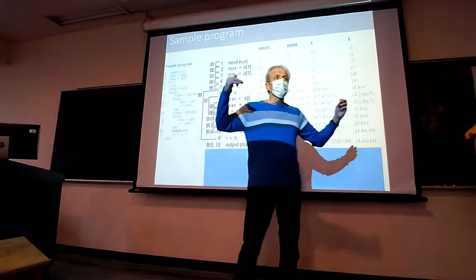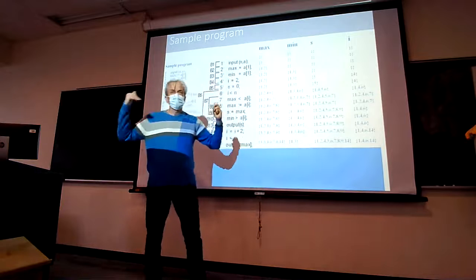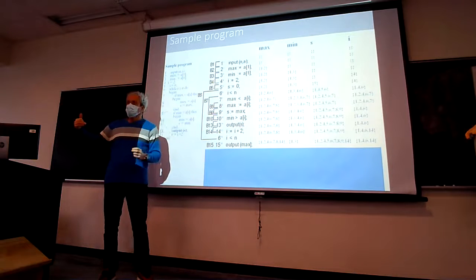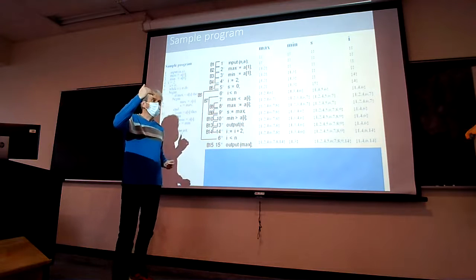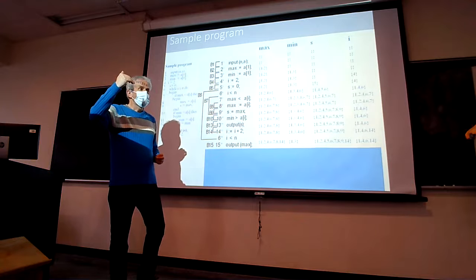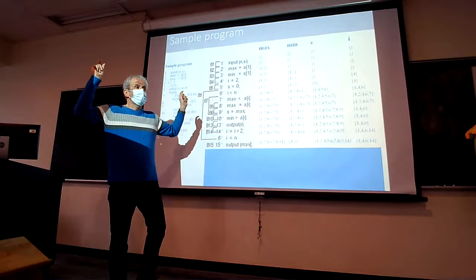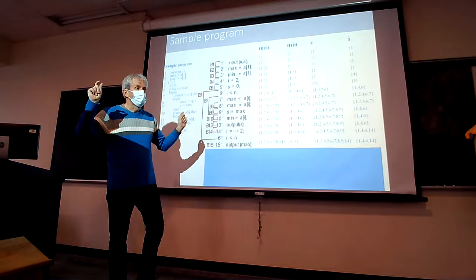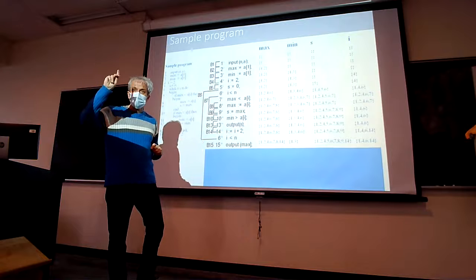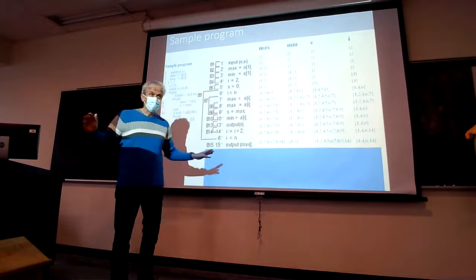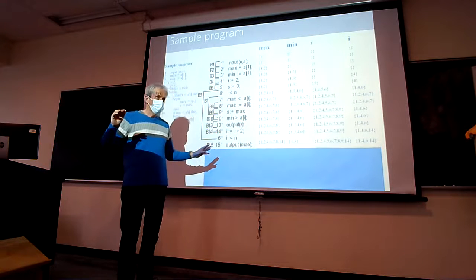What the dynamic forward slicing algorithm does, each time when we execute a statement, it computes slices for every variable. Not just for one variable, for all variables. Okay?